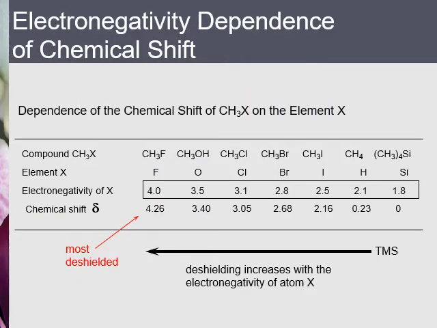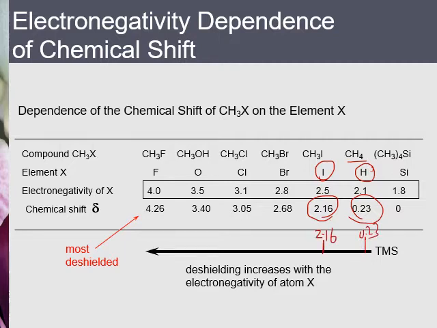This table shows the deshielding effect of electronegative atoms. The hydrogen on methane has a chemical shift of 0.23. When one of the hydrogens is replaced by iodine, the chemical shift goes to 2.16. So the chemical shift increases. In the spectrum, it goes to the left side.